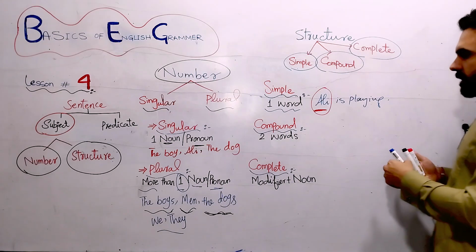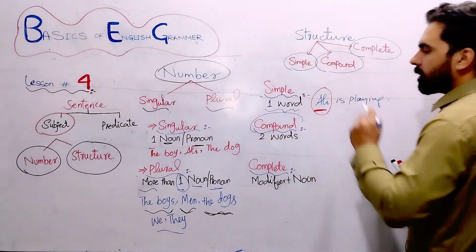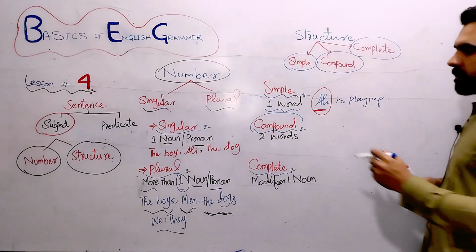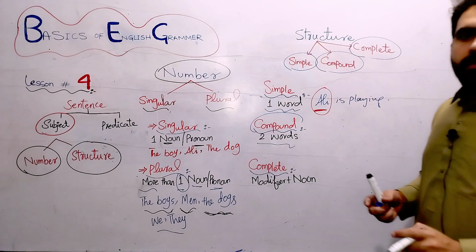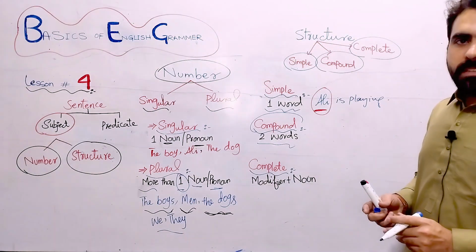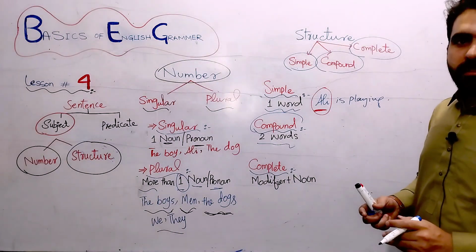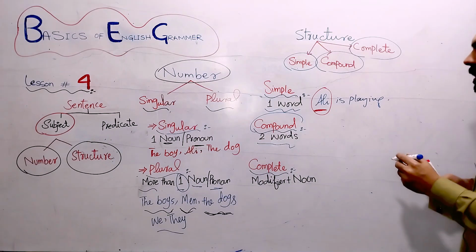The second one is compound subject. Compound subject means there are at least two words in a sentence that are performing the function of subject.